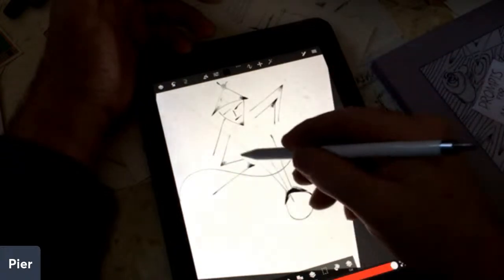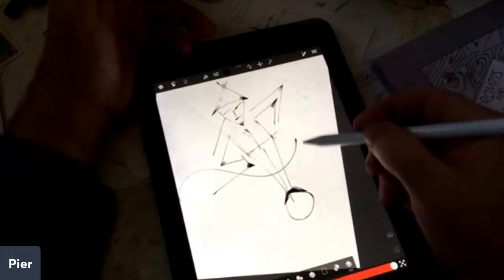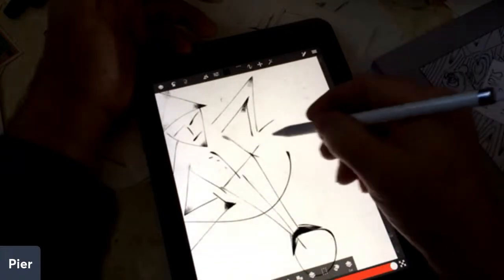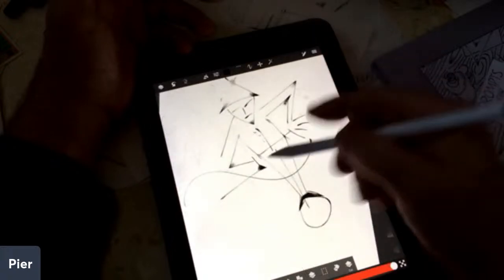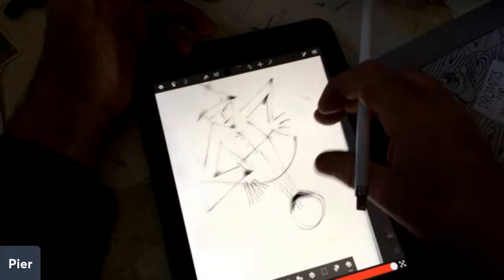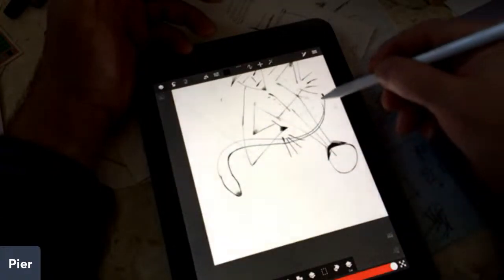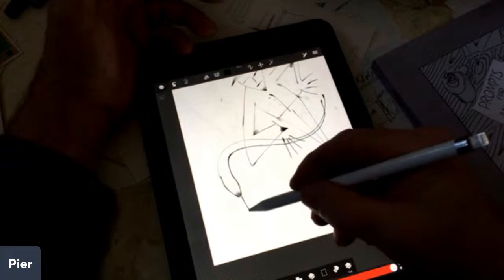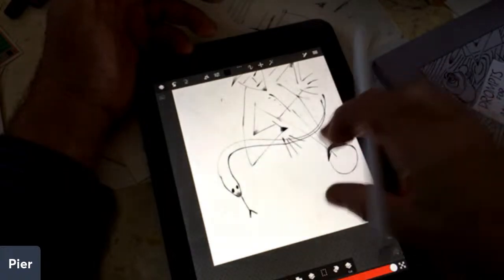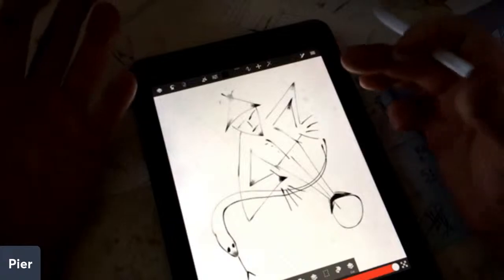What's that going to be? He's upset because his pet snake is not doing what it wants to do, what he wants it to do. I don't know what I would draw, but this is sort of how it works.